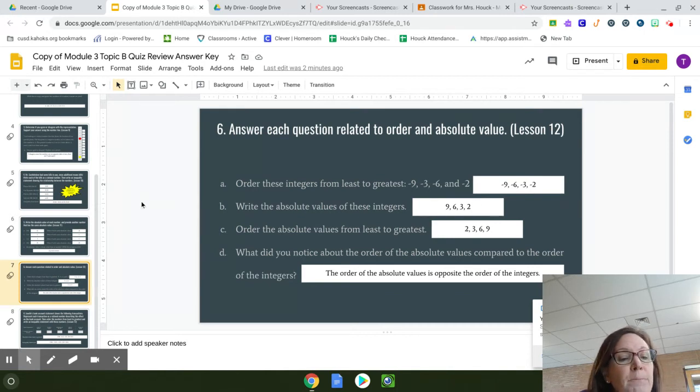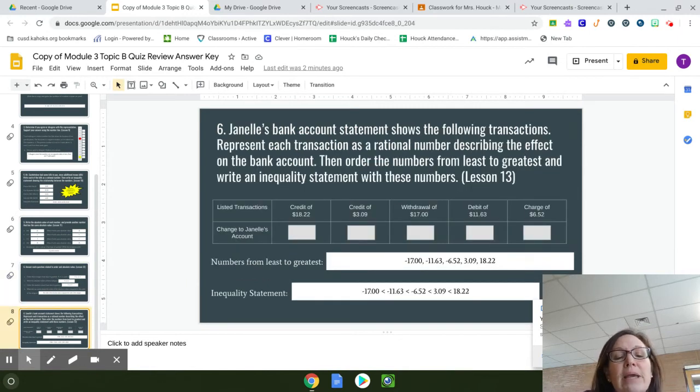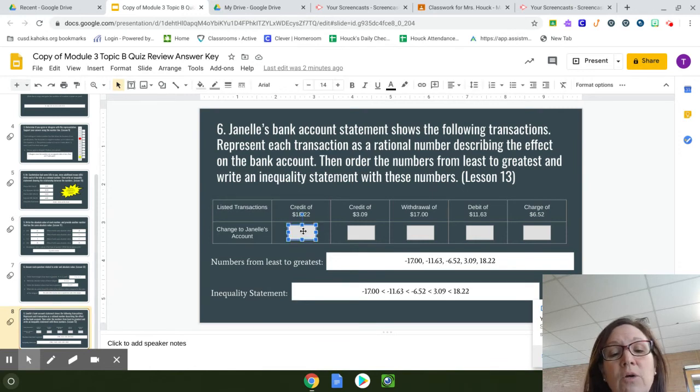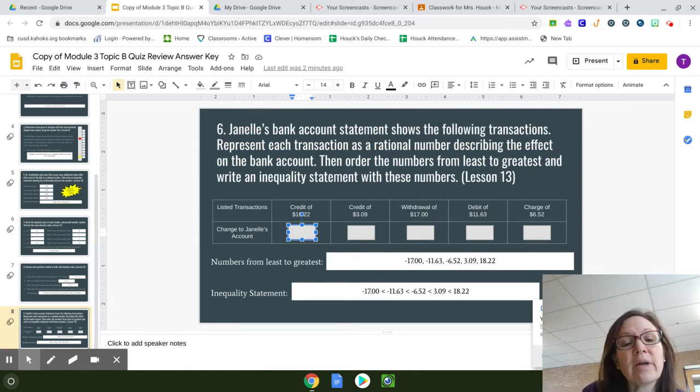And last slide, you're going to look at a bank account. Janelle's bank account statement shows the following transactions. Represent each transaction as a rational number describing the effect on the bank account. Then order the numbers from least to greatest and write an inequality statement. So once again, we have here a credit. A credit is going to be what kind of number? A credit is a good thing, so that's going to be a positive. So inside this box, you would type a positive 1822.